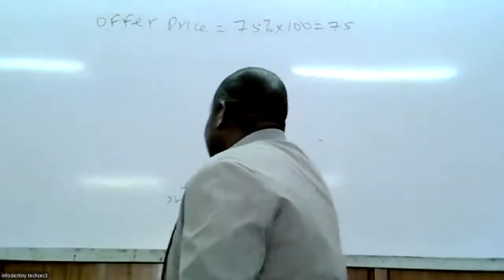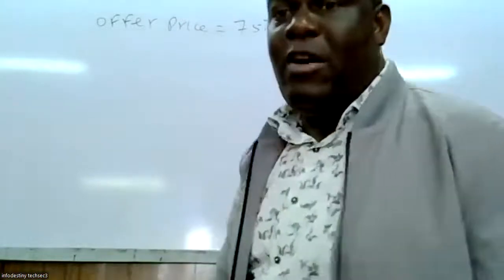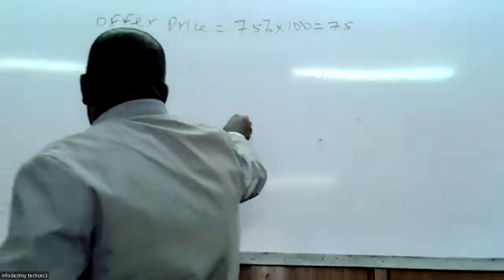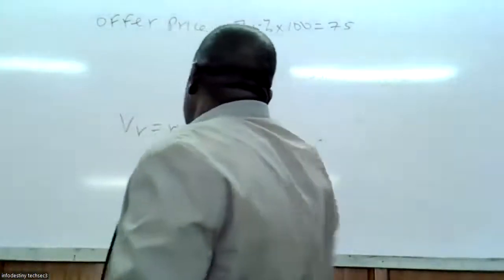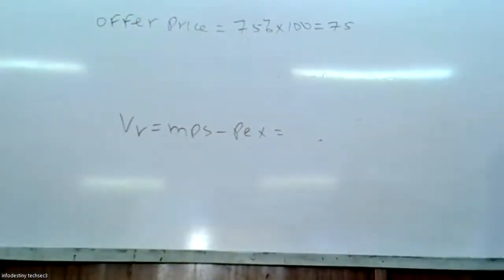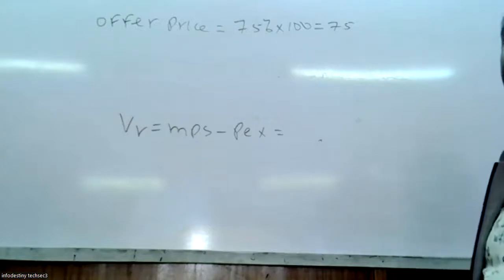The first formula I gave you: the value of the right will be the market price per share minus the theoretical ex-rights price.